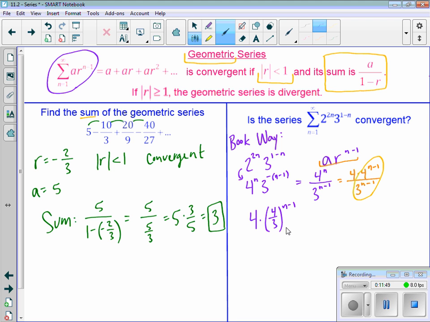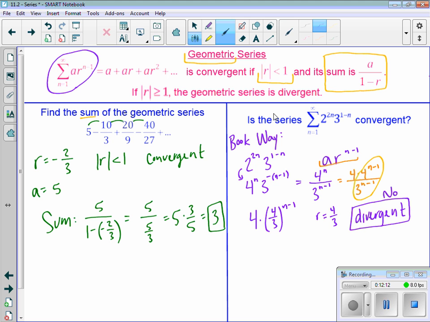So what is our r value for that? R is 4/3. So convergent or divergent? Divergent. So is the series convergent? We would have to answer with no, I suppose.